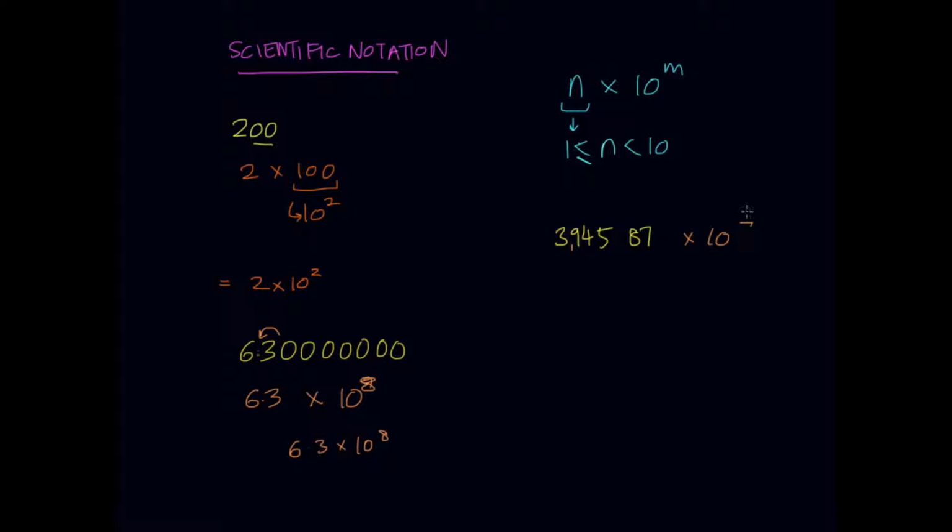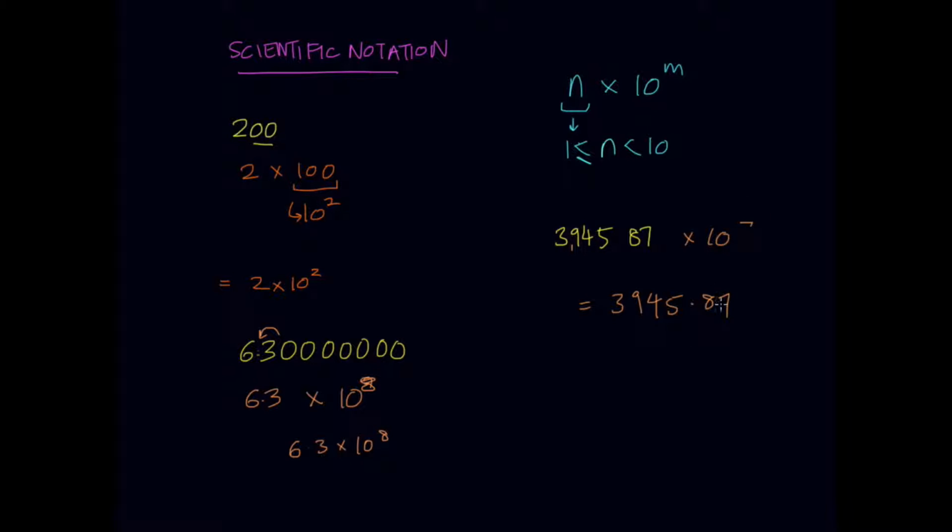So we need to say that 3.94587 times 10 to some power is going to return us the value of this, which was the original number given. So all we're doing is converting this number into another form, but ultimately this has to represent this number again, right? So 3.94587, sorry, I'm saying the number a lot, but this number times 10 to some power has to give us back this.